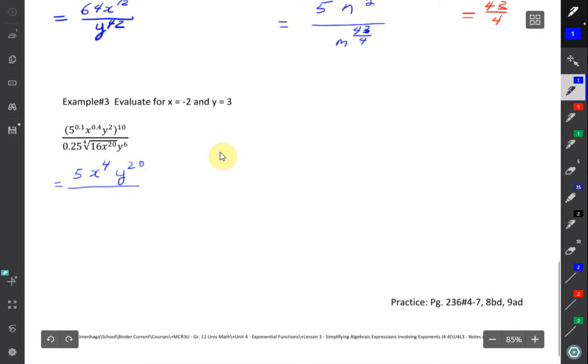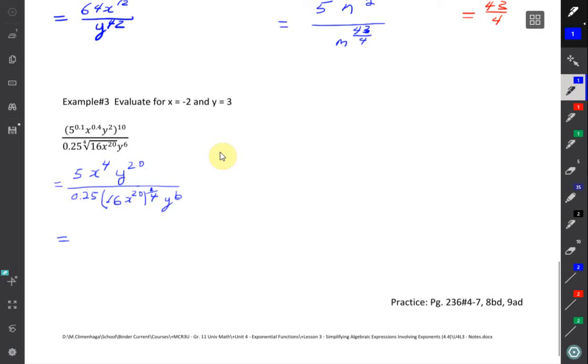In the denominator, we will write 0.25. And now we will write this expression here with an exponent of 1/4. Inside of this bracket, then we have 16x to the 20, and we have a y to the 6th. 5 divided by 1/4.